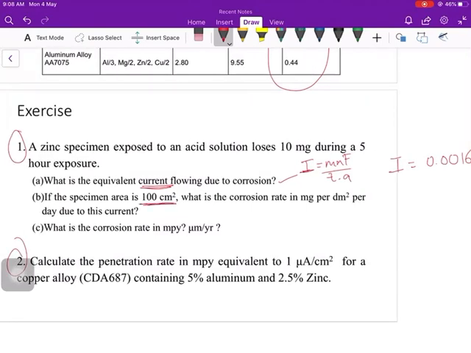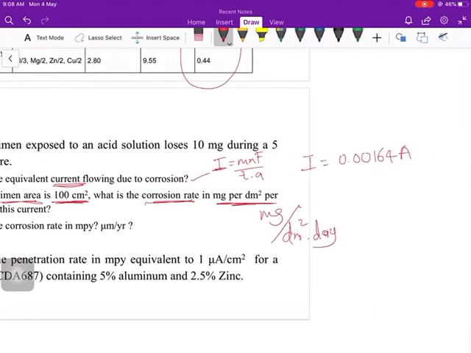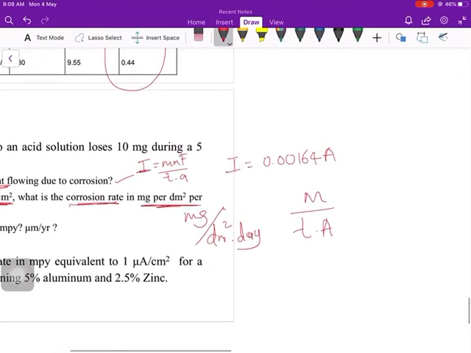The answer is 0.00164 ampere. For the second one, they give the area, 100 cm square, but you must express the corrosion rate in milligram per dm square per day. This is the second equation, m over TA.